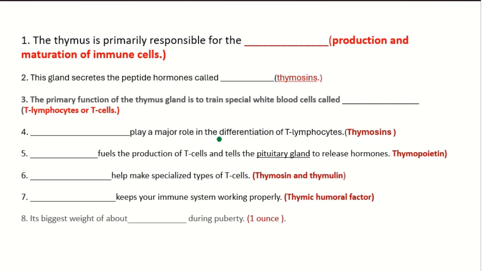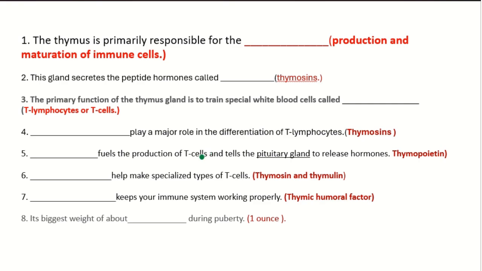Quickly answer. The option C, thymosins. Question number 5: dash fuels the production of T cells and tells the pituitary gland to release hormone. Thymopoietin. Very good. Almost all answered.